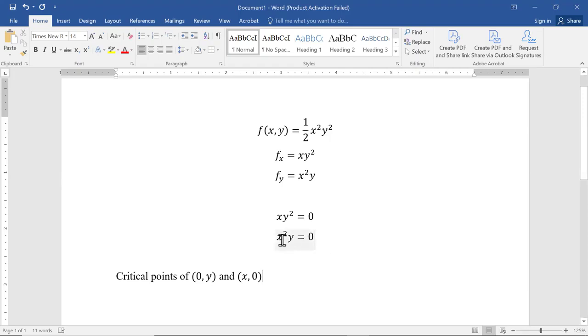By the way, one of these has to be 0 in order to get 0 when I multiply. So critical points of 0 comma y and x comma 0 for any x, or I should say any y, because I put the y one first.